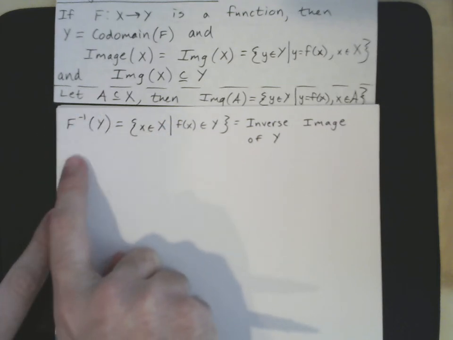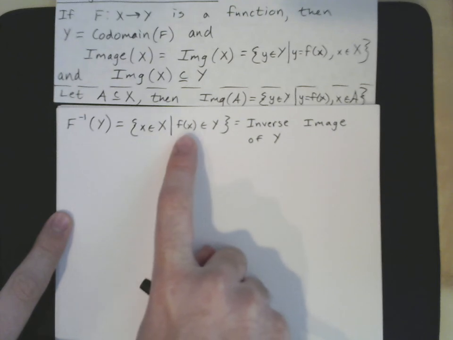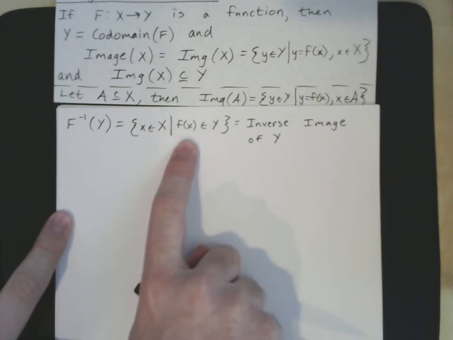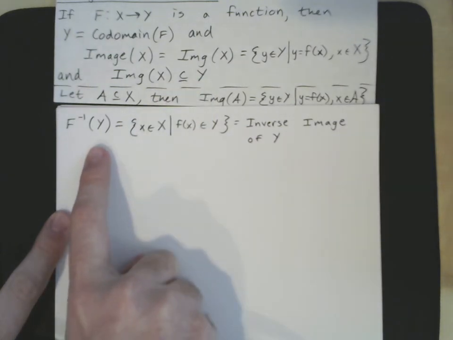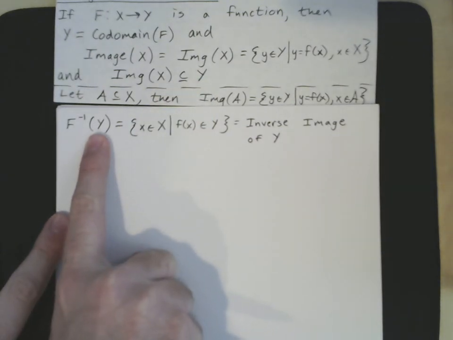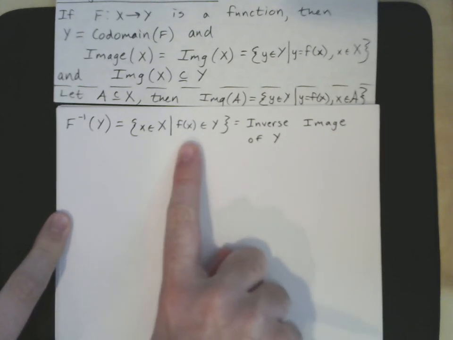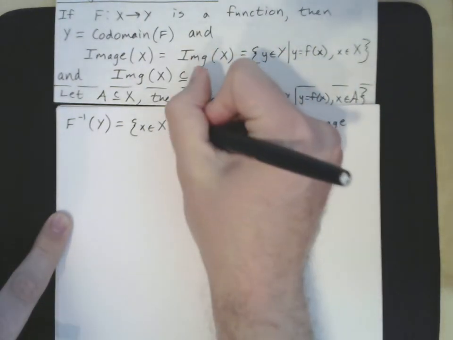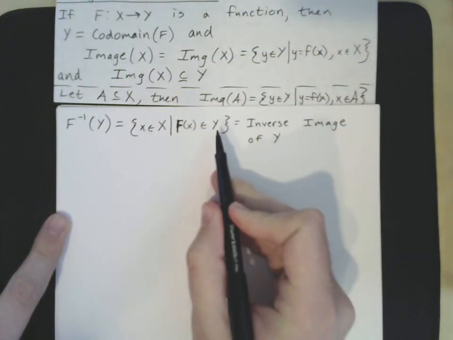Our inverse image only gets the elements in our domain that would actually map to elements that are in our codomain. So there are potentially other elements, because we know the image of x is a subset of y. So there could be other elements of y, but we ignore those by this definition, because we're only looking at elements that when we apply the function f, this should be capital F, we get back into our codomain.